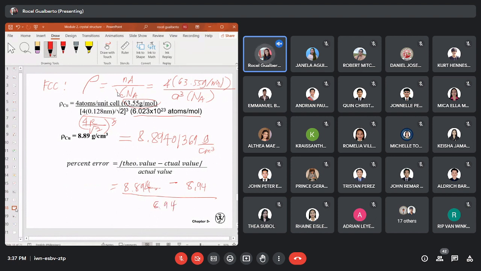And then, you simply multiply this by 100%, so times 100%. So, what is then the answer for the percent error? Okay, paki-compute nga po.